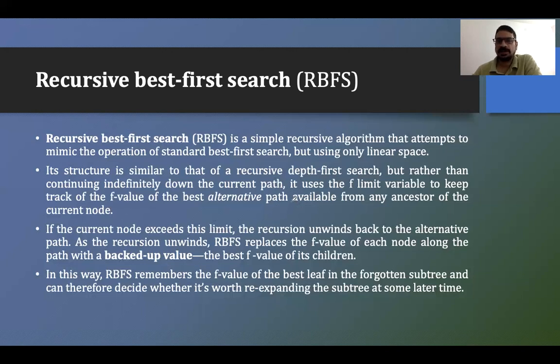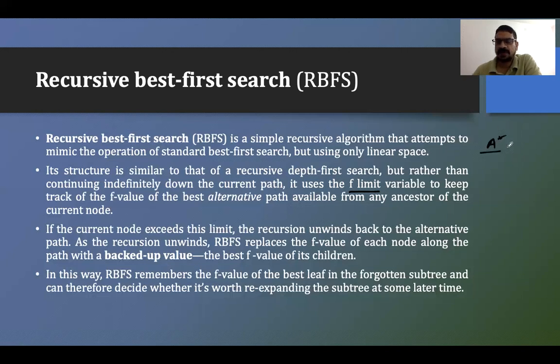Now here in best first search, we'll use the F limit. So there is the F limit that we'll calculate, and this particular F limit is a combination of A star and the other criteria.